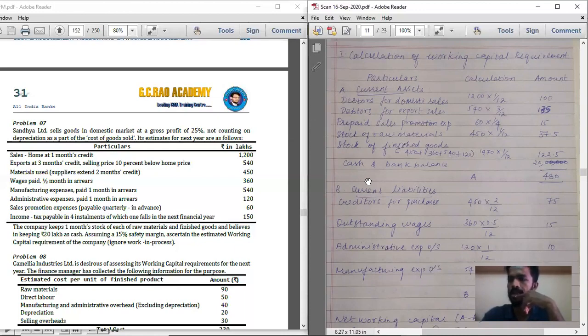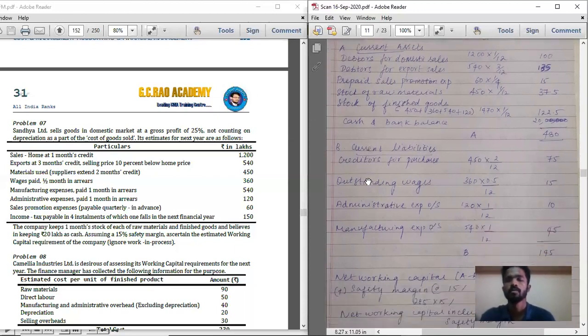So total the current assets. How much is the total? 430. Now total it, put 430. In respect of that 430, put total.